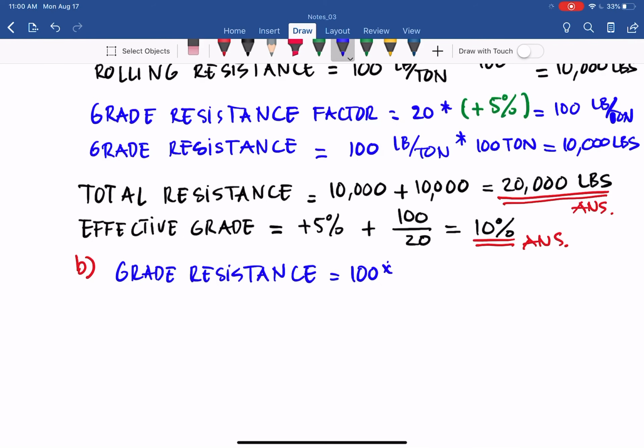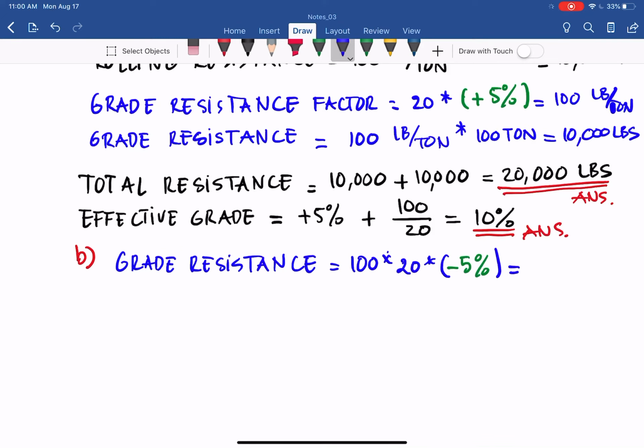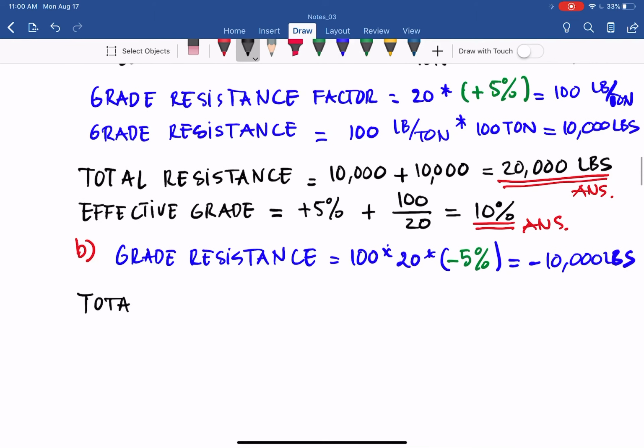And it's going down, so 5%, negative because descending. From that we will have negative 10,000 pounds. Negative, as you can see, means less resistance because it goes downhill. From there we can have the total resistance in this scenario.